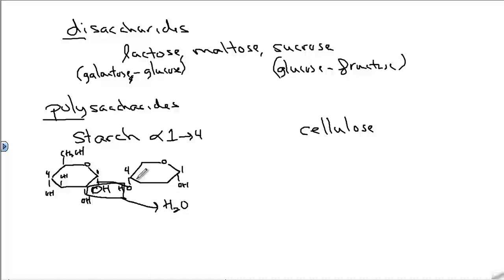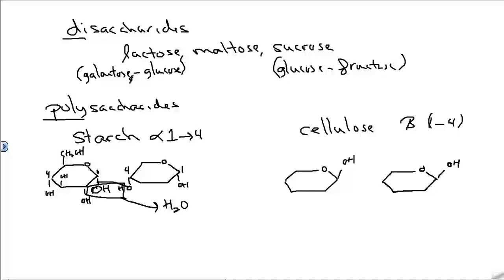Now, cellulose, on the other hand, is beta 1,4. So I'm sure you can figure this out, so I'll do my best to do it quickly for you. So there's the OH there. Okay, and here's the OH here. Now, it really does not matter here.